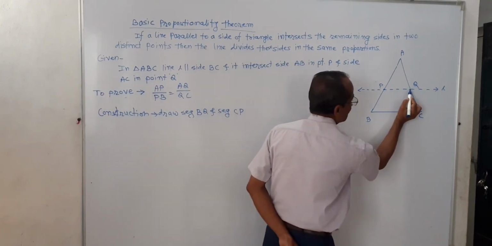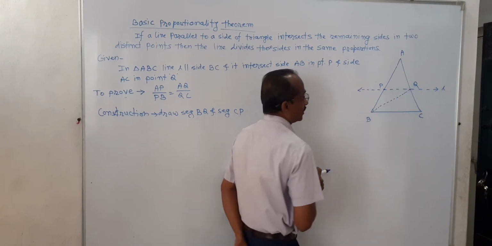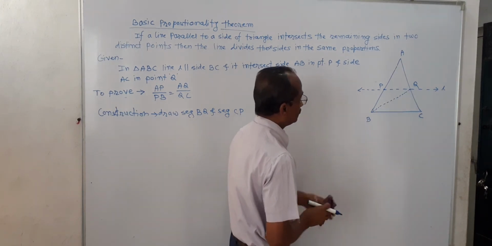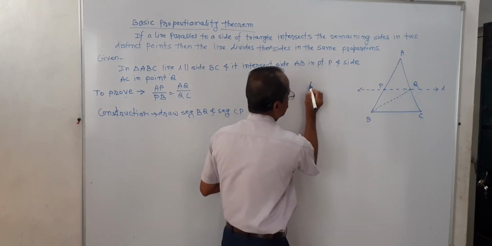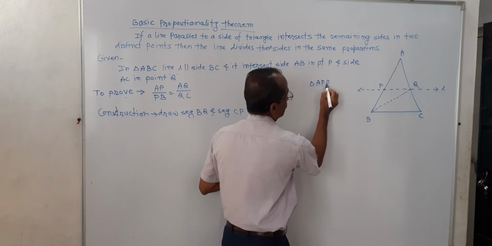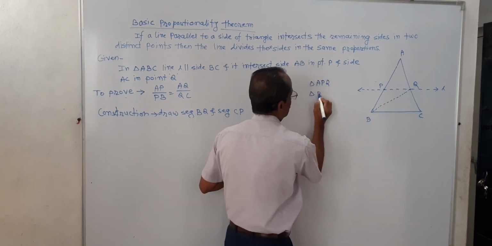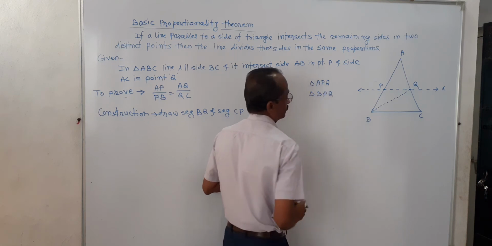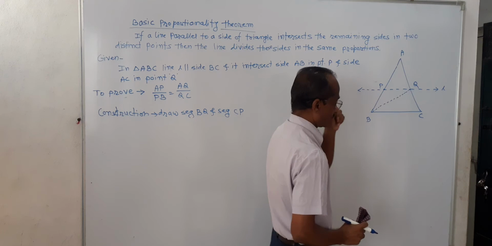Suppose first segment BQ. Now consider the triangles on your left side, triangle APQ and triangle BPQ.